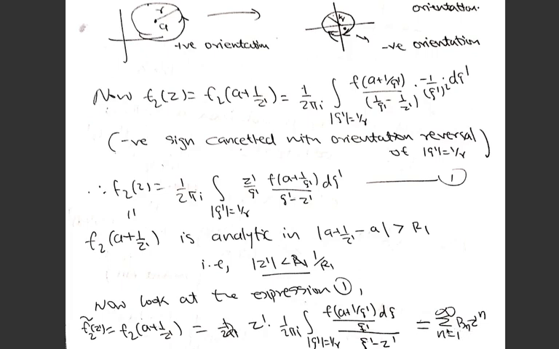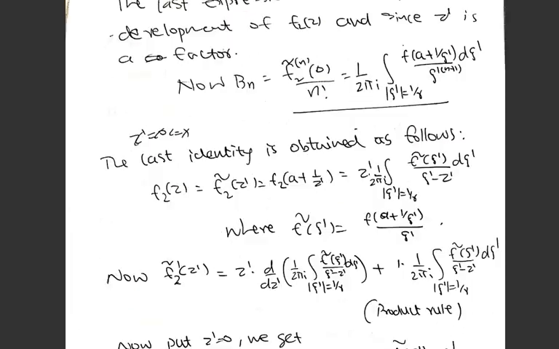So you have this expression, summation b_n z prime power n. But we need to compute b_n now. To compute b_n, you need to understand this function in a better way. You can see that f2(z) is equal to this. It is f2 tilde of z prime, and here we have f tilde of z prime.